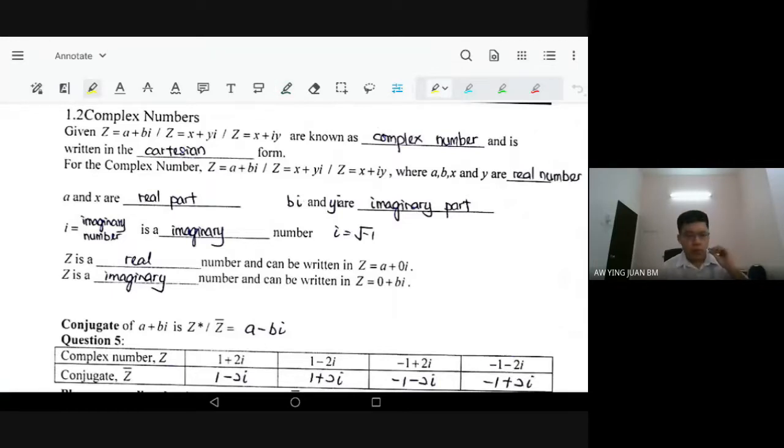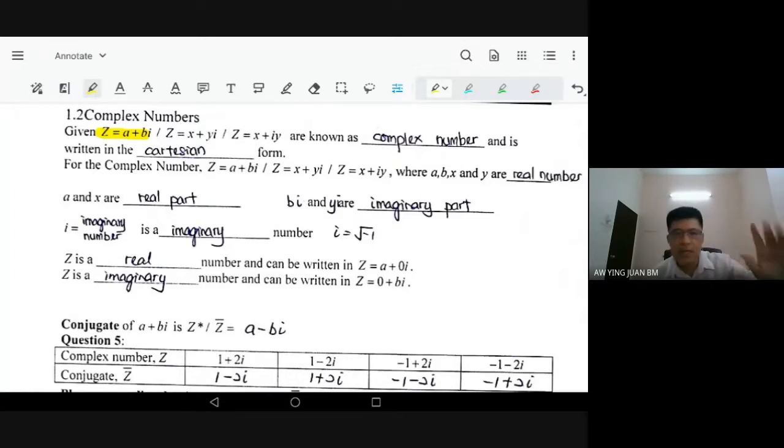So bila kita sebut complex number, atau you baca apa-apa soalan, when they mention complex number, Z is equals to A plus BI. Dalam otak you, make it simple. Nampak perkataan complex number, tulis Z equals to A plus BI.